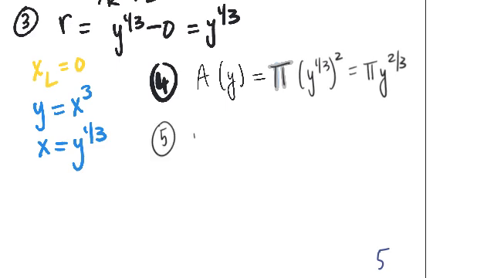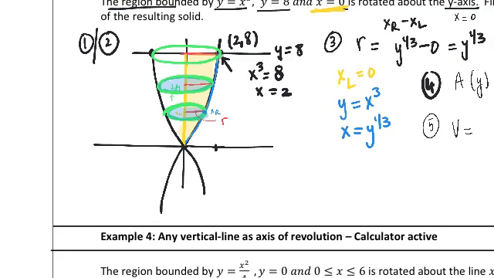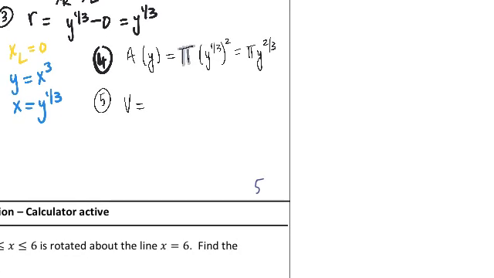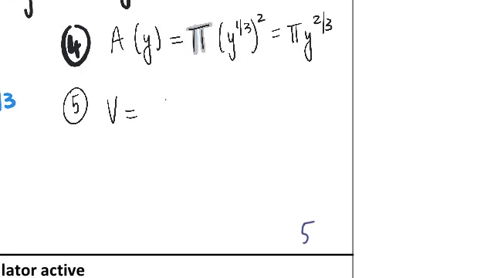Step 5, set up the volume integral. You're literally filling that champagne glass from the bottom, all the way to the top, from y equals 0 up until y equals 8, with discs of champagne. So we get the integral from 0 to 8 of pi y to the 2/3 dy.